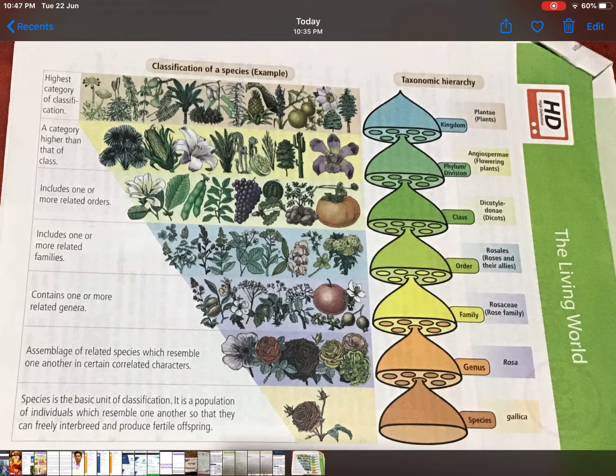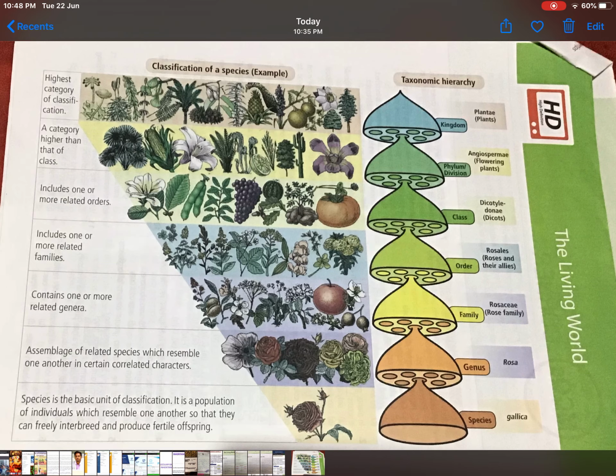So either you can go like this in ascending or descending order. What is the purpose of this taxonomical hierarchy? The basic thing is that we are able to identify an animal, give a name for it, and classify it. Given a plant, first we identify and give the name, genus and species. Based on characters, we put the plant under a family, then under an order, then based on similarities and dissimilarities, under a class.